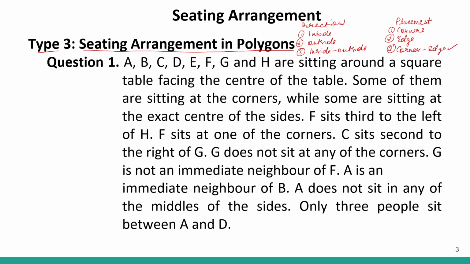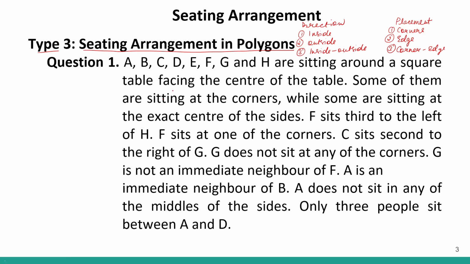This is the most common type. But this also comes regularly in your examinations. Okay, so there are multiple possibilities when it comes to seating arrangement in polygons. In this lecture, I have tried to incorporate as many various types of questions as I can to help you understand the concept, to give you conceptual clarity.